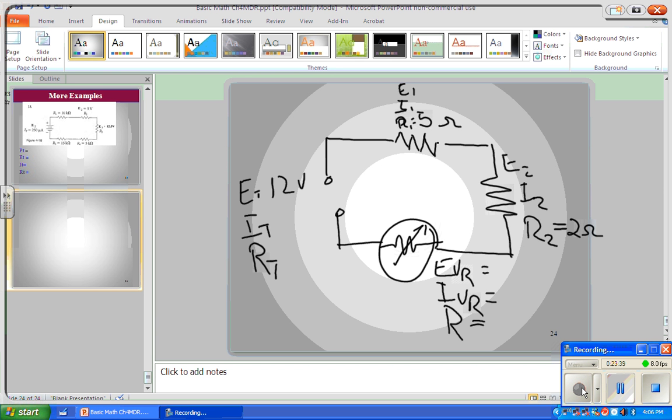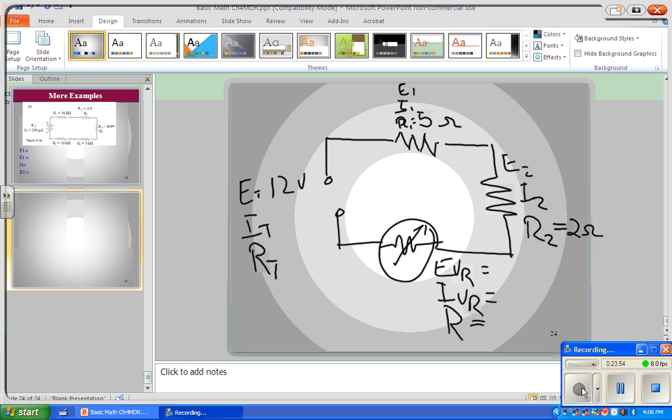Okay, so now we're not going to stop recording. We're not going to stop doing this. Let me pause for a second, that way I change back. One of the problems we're going to have sooner or later is a situation where we have a solid voltage supply of, say, 12 volts, and we have two resistances or two loads, and we've got a variable resistor.